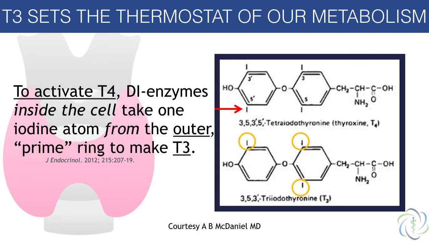So this T4 that's produced by the thyroid gland and is circulating around is activated into T3, because remember, 90% of the output was T4. What happens is the 4 means there are 4 iodine molecules, and when one of them is taken off of the ring on the side, it becomes T3.